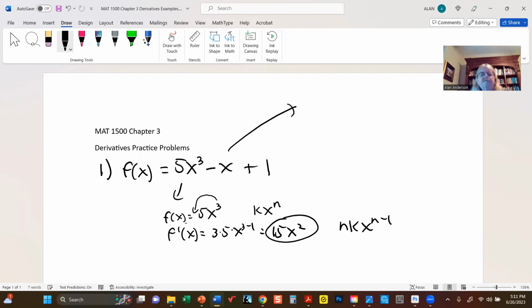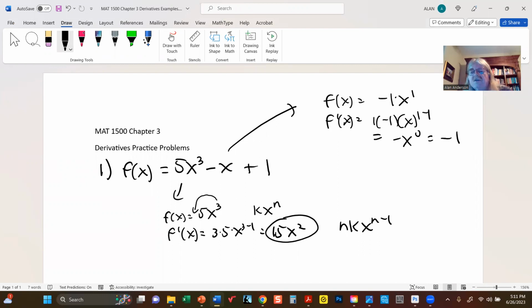What about this one? Remember, actually, there's two implied ones here. It's minus x to the 1. So it's actually minus 1. Remember, x to the 0 power is 1. Don't forget the negative sign. So that's negative 1.